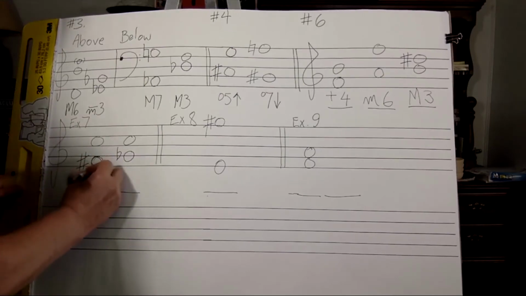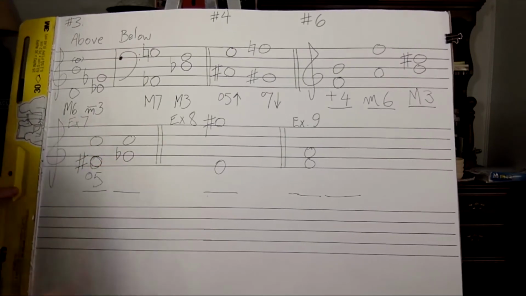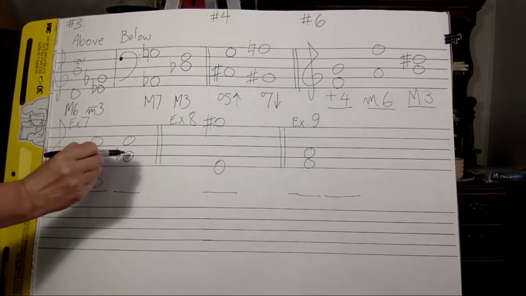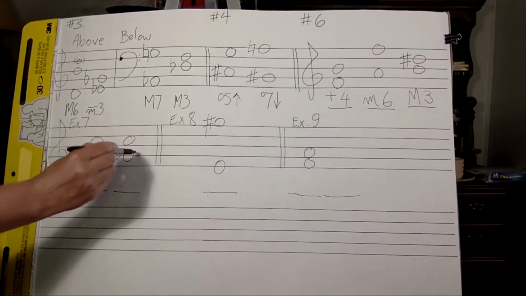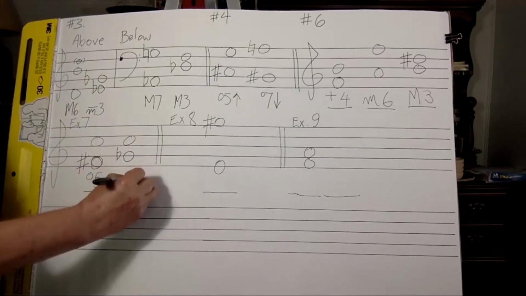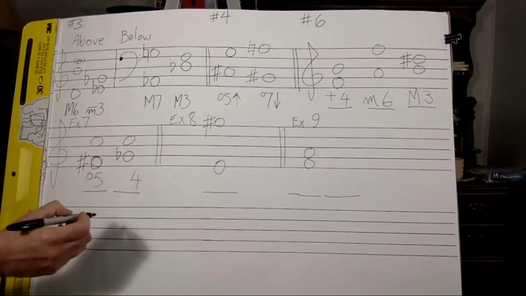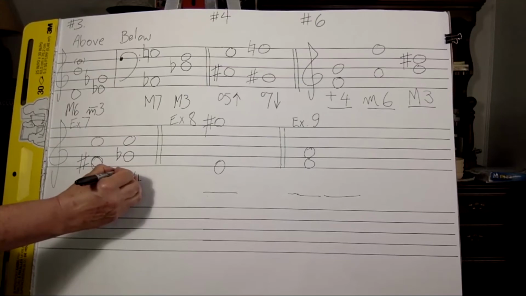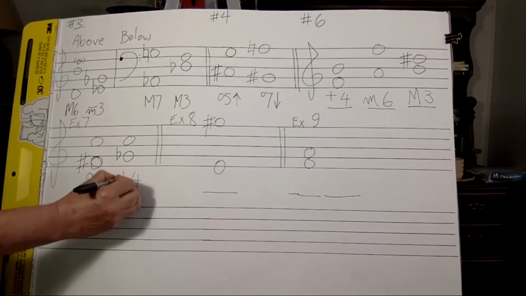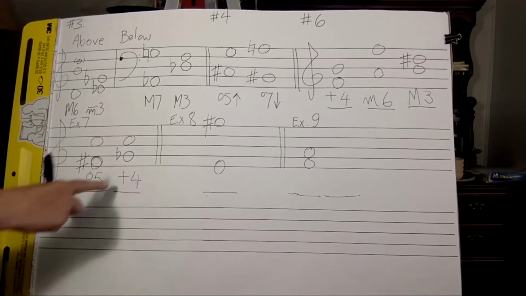This is a diminished fifth. Because this interval spans 4 letter names, G, A, B, C, it is a fourth, and it's a fourth that's bigger than a perfect fourth. Therefore, it is an augmented fourth, or a tritone.